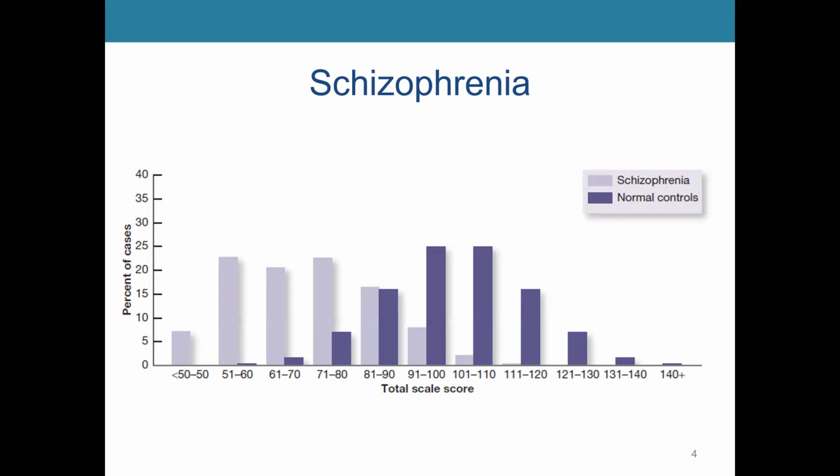Scores on the scale are plotted in increments of 10 on the x-axis, and the percentage of participants scoring within each range is plotted on the y-axis. The average score for healthy participants was 100, and the average score for individuals with schizophrenia was 70, a score that only 2% of the healthy participants had.